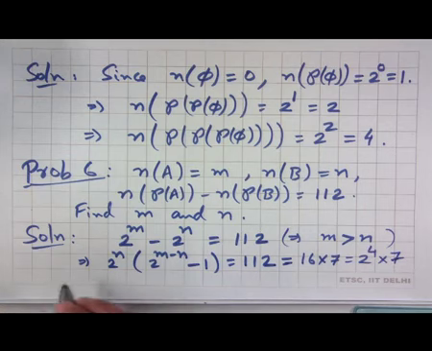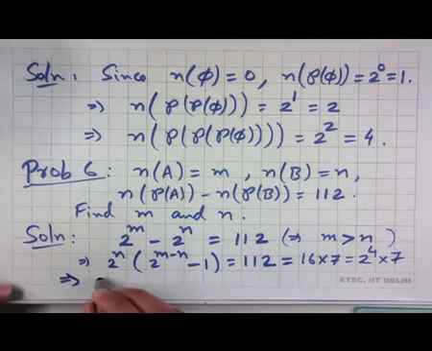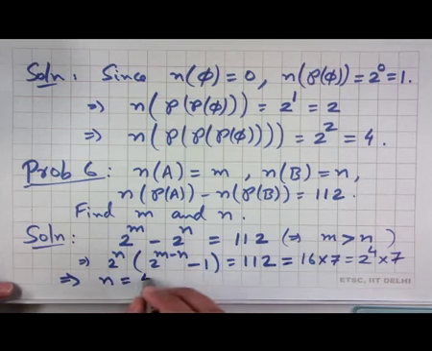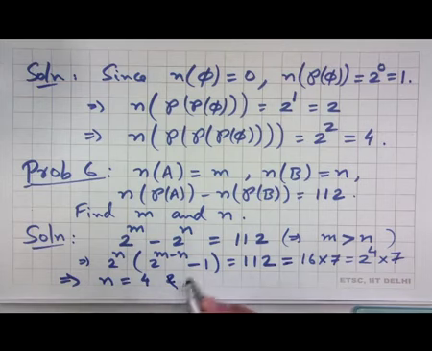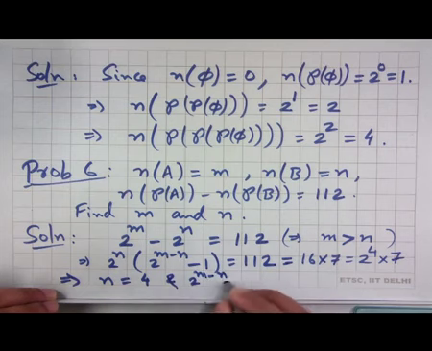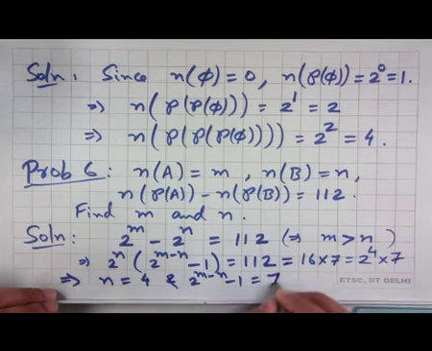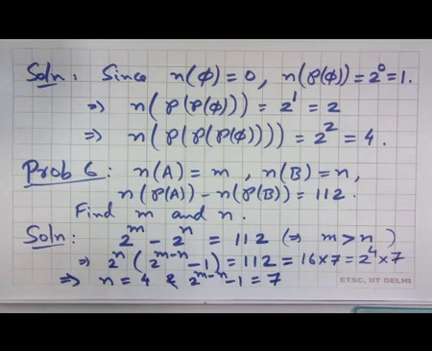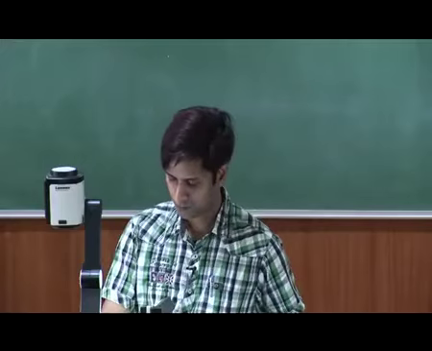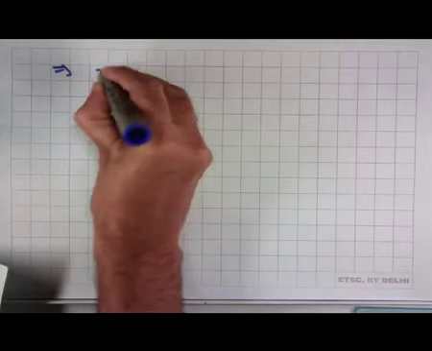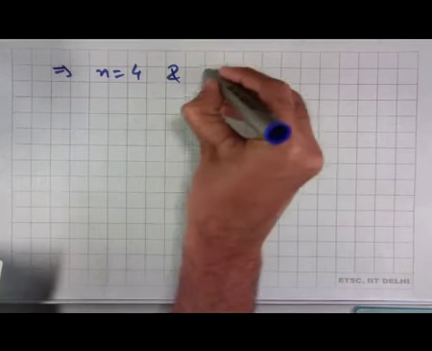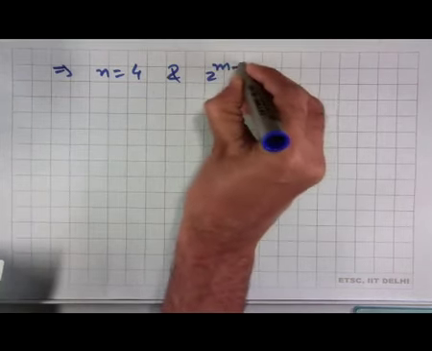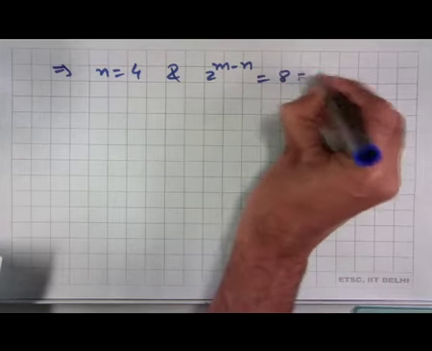So, this implies n must be equal to 4 and 2 to the m minus n minus 1 is equal to 7. So, that means that 2 to the m minus n is equal to 8, which is 2 cubed.